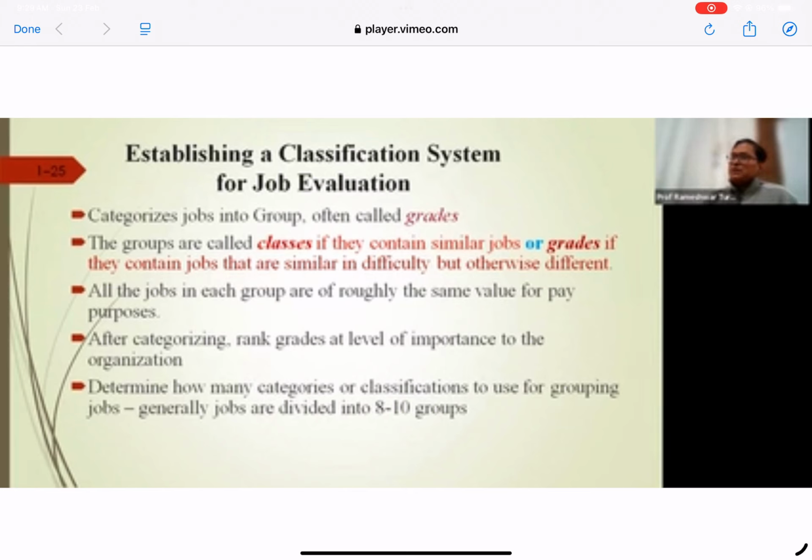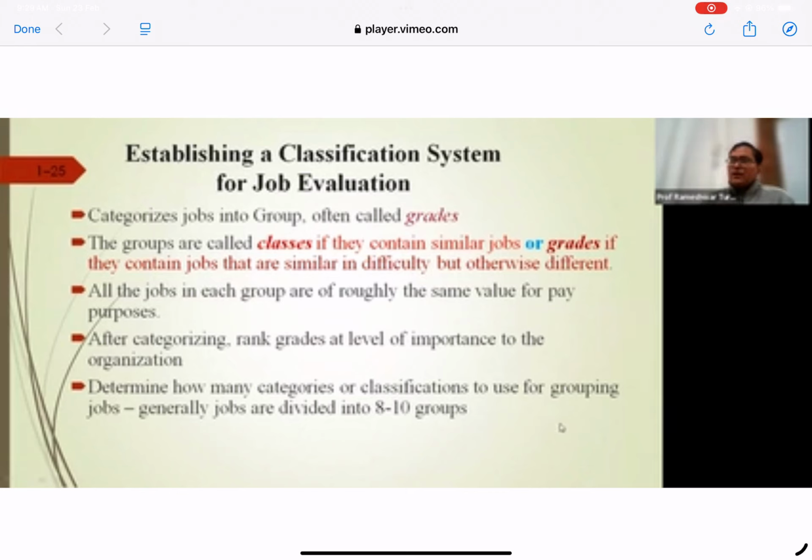For example, in government there are so many different jobs: Indian Railways, the education system, defense, external affairs, internal security, IB, CBI. Then the Indian judiciary system, which government also pays. All of that you have to set equal for pay purposes and ensure internal equity, or at least try for it. So they classify the whole set of jobs into some groups.